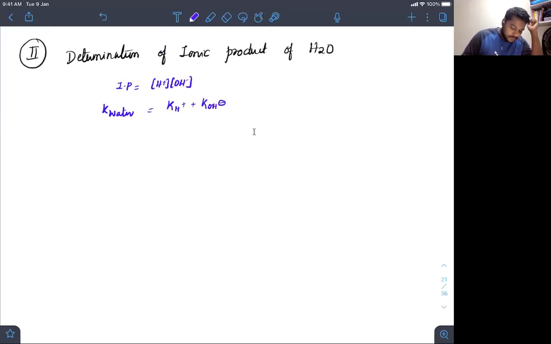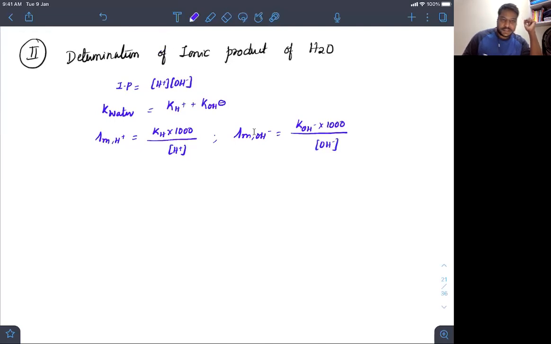So lambda m of H plus will be equal to kappa of H plus into 1000 divided by the concentration of H plus, and lambda m of OH minus will be equal to kappa of OH minus into 1000 divided by the OH minus concentration, right? We can write this.